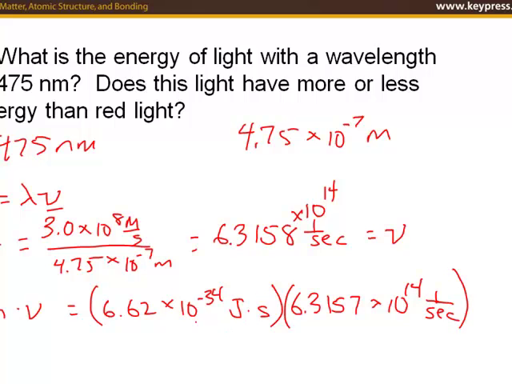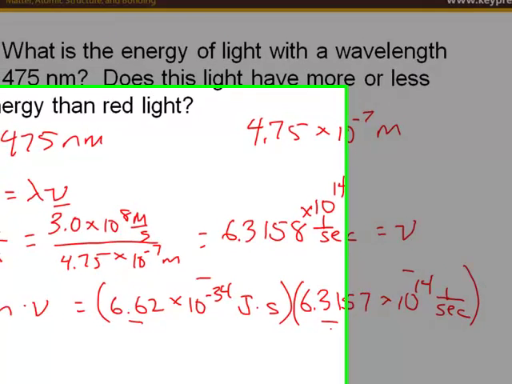When we multiply these two together, there's a couple ways you can do it. You can plug it into your calculator, or you take this number multiplied by this number, and then you add the exponents. Okay? So when you come up with your answer, it's 6.62 EE negative 34 times 6.3157 EE 14.